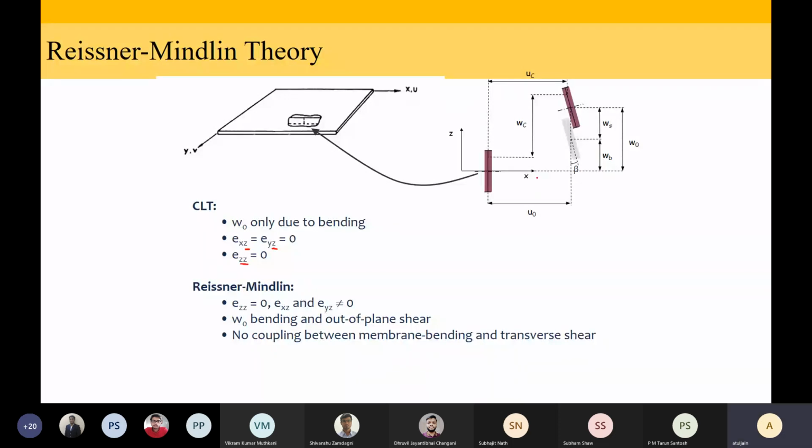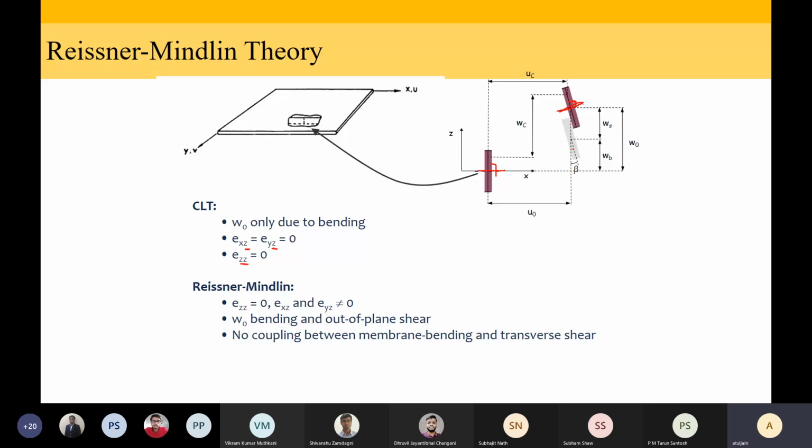Okay, let us say my initial beam was in this purple line. According to the classical lamination theory, it goes to this purple line once again, but this angle is 90 degree, this angle is also 90 degree, where this is my central line, this is my new central line. Reissner-Mindlin says that on top of that, we have to account also for the out of plane shear.